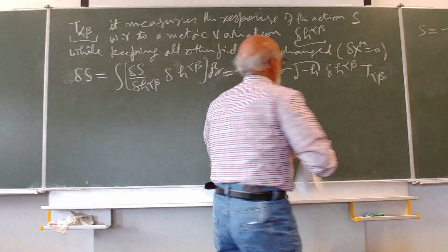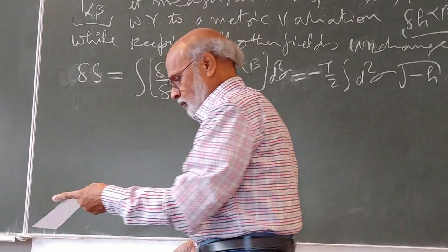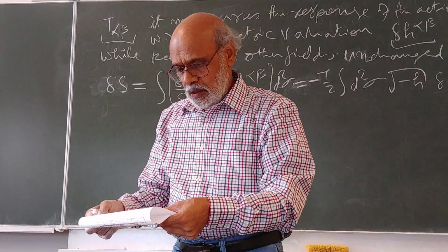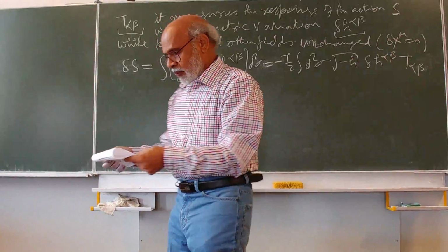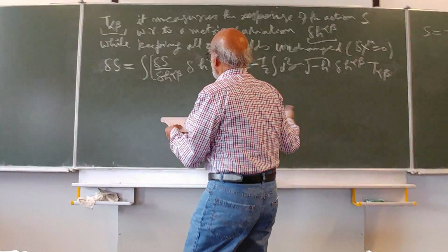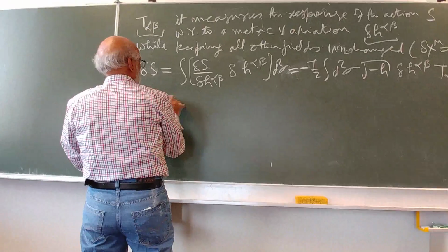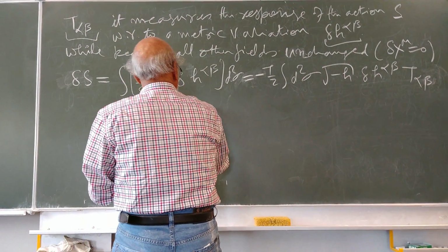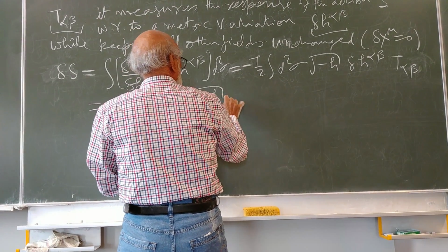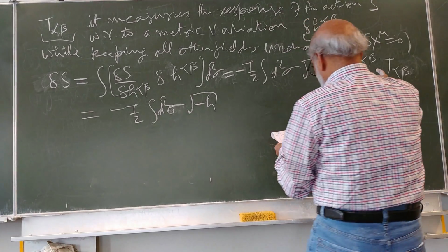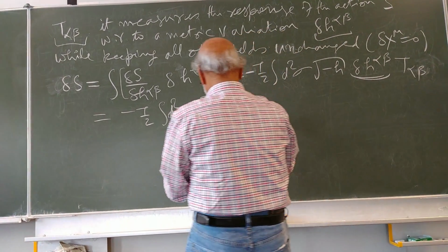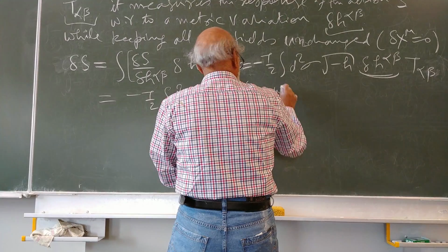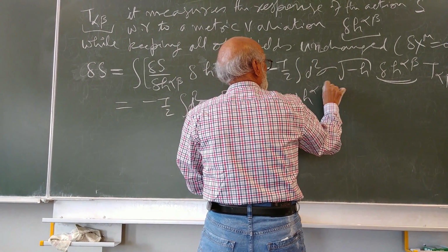We will eventually see this to be equal to minus T by 2, d2 sigma, square root of minus h, and my delta h alpha beta would be minus 2 omega h alpha beta.